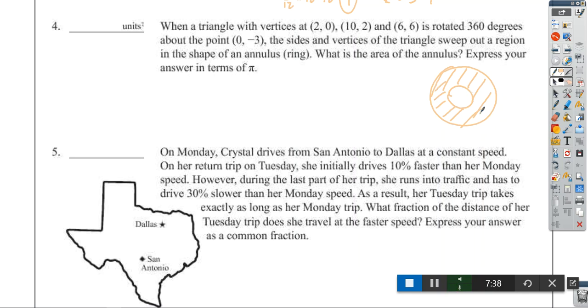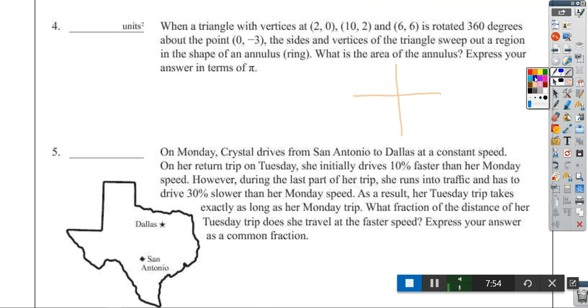So what we can do is draw a little grid here. Since some of these are negative, I'm going to draw a 4-quadrant grid. I'm just going to estimate here, because in MathCounts you don't get graph paper.